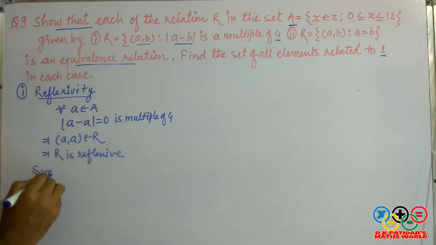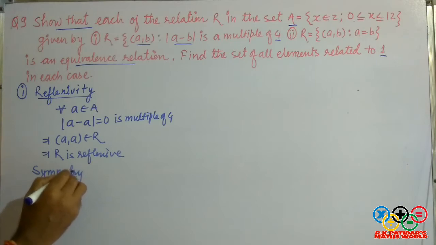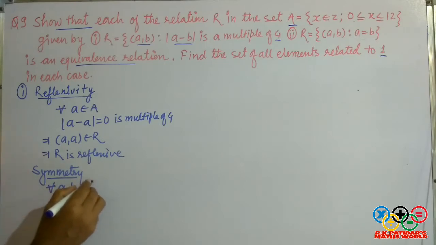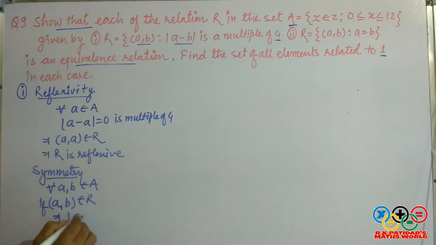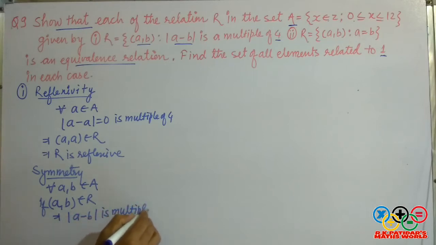Secondly, we have to check symmetry. To check symmetry, we take for all A and B belonging to the set A, if (A, B) belongs to R, this implies the mod of A minus B is a multiple of 4. Mod of A minus B is a multiple of 4 means mod of B minus A will be a multiple of 4.